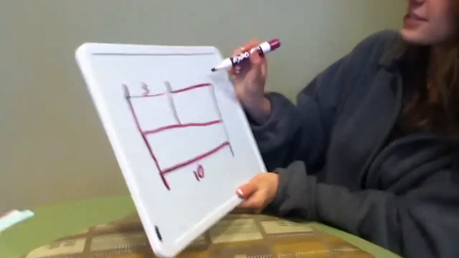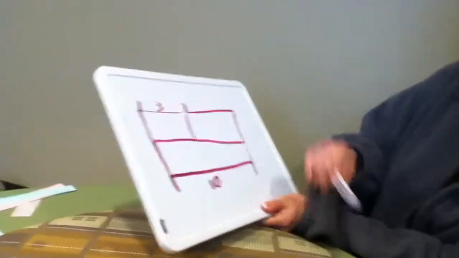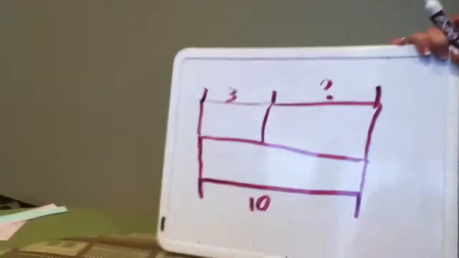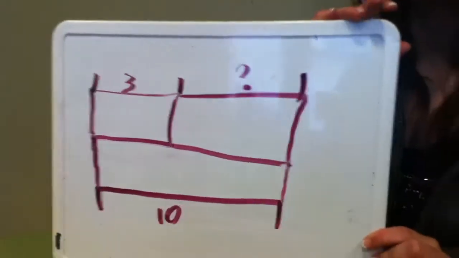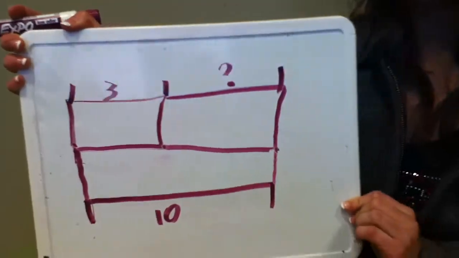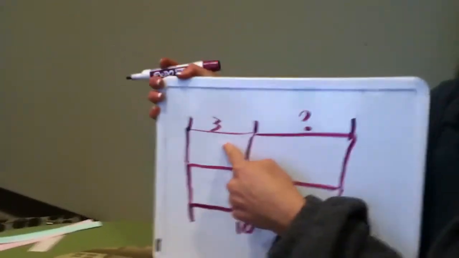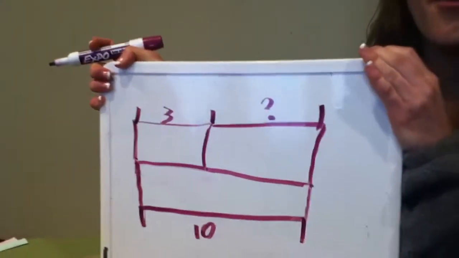Now we just need to find the missing part, right? There is a missing part, so we'll put the question mark there. So when there's a missing part and we have a whole and at least one part, we know that the problem is a part-whole.